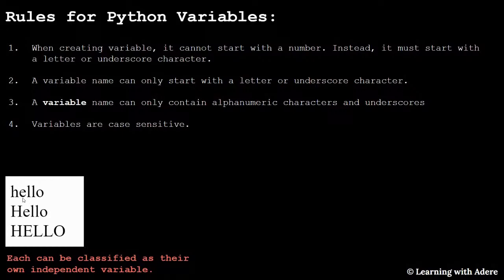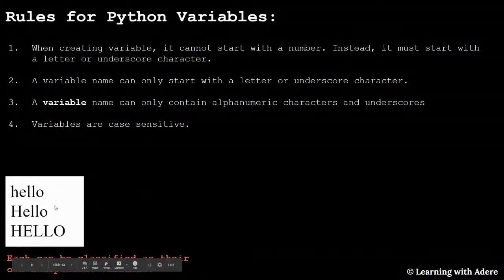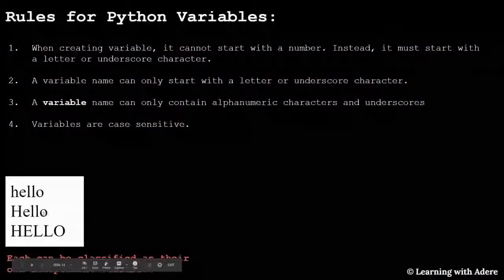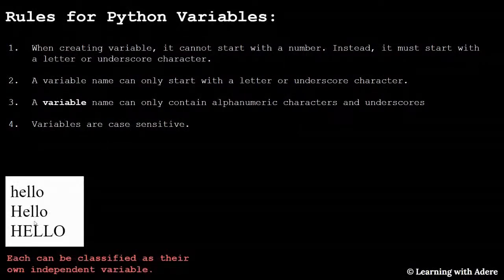Here I have examples of different lines of text: hello, Hello again with a capital H at the beginning, and then HELLO in all capitals. Python would perceive these as all different values. It wouldn't perceive them as the same, as a human might. Hopefully that makes sense. So it is case sensitive, and you could assign each of these their own independent variable.